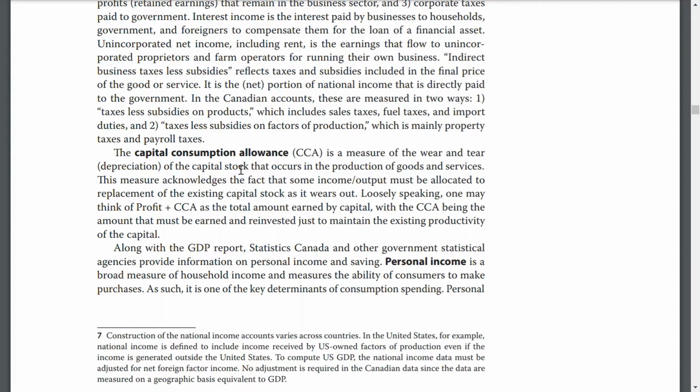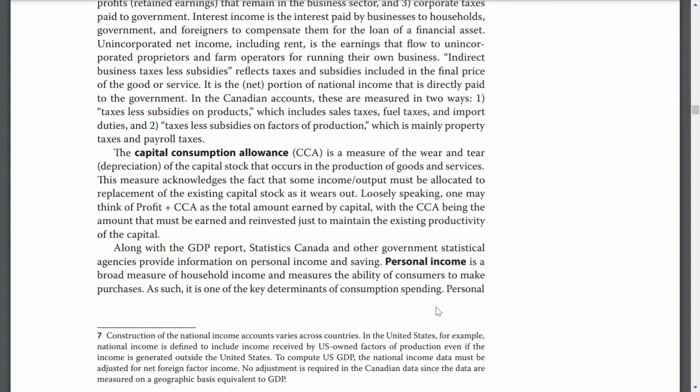Statistics Canada and other government statistical agencies also provide information on personal income and savings. Personal income is a broad measure of household income and of the ability to consume, to make purchases.